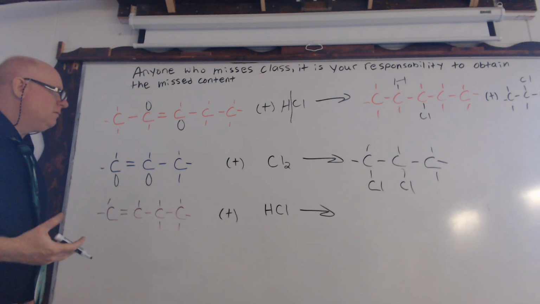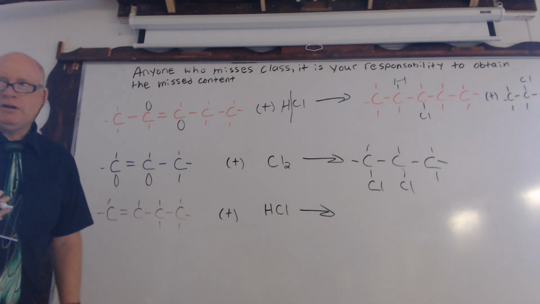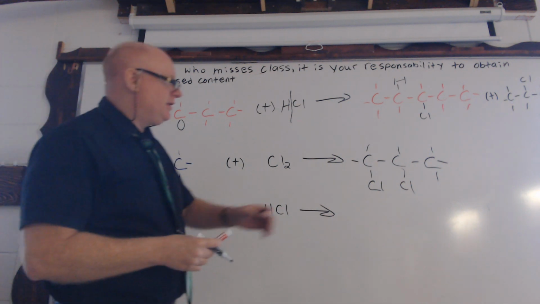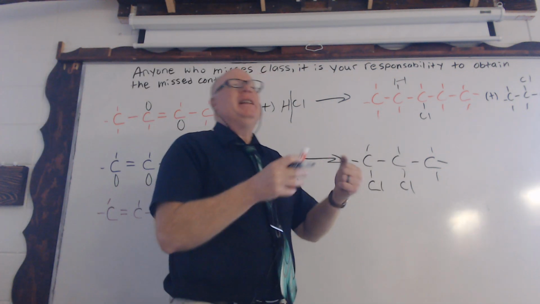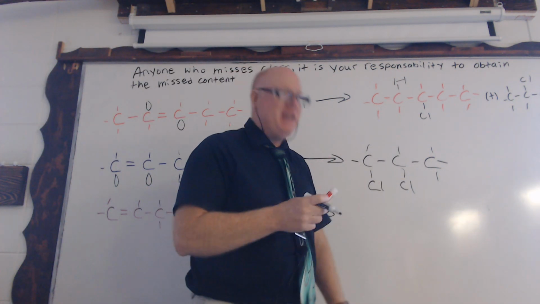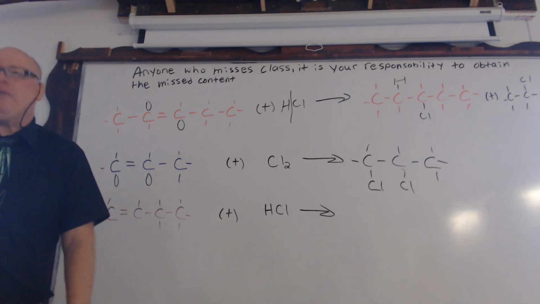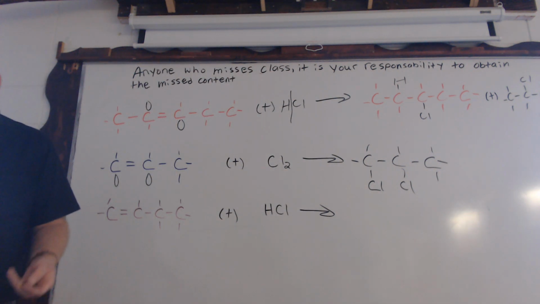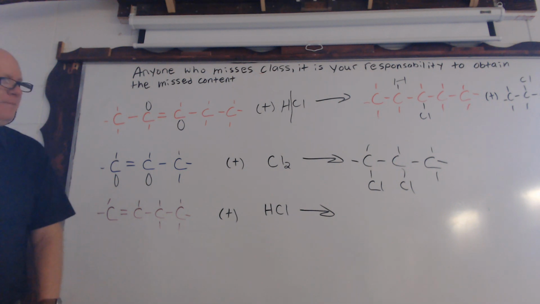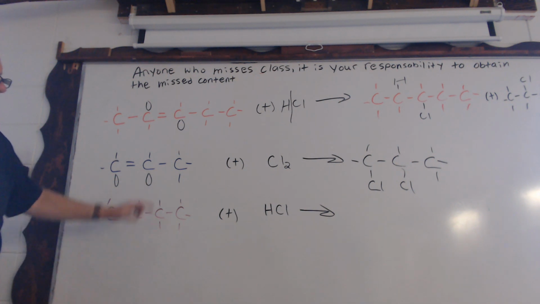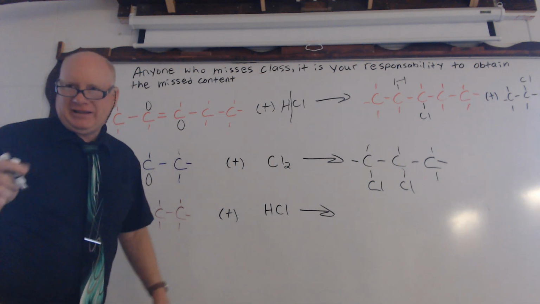But now, is there another product that forms besides this one? You could have said, well, I already know that yes. Can you flip them? Well, yes, you can flip.